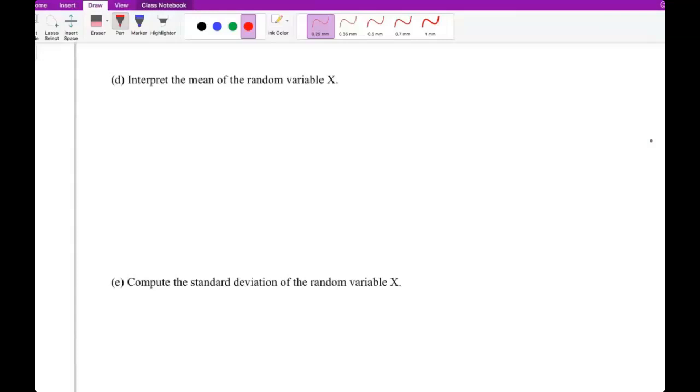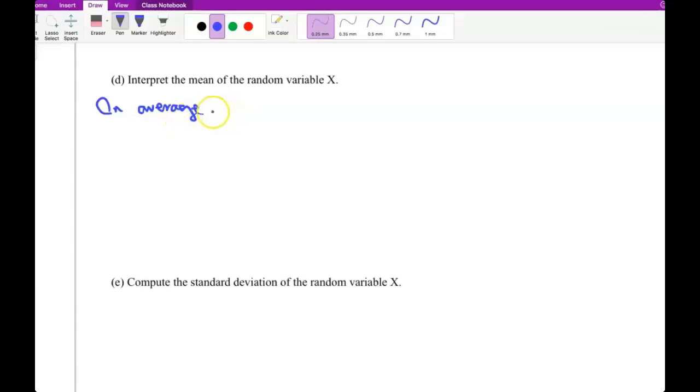Okay, now part D, interpret the mean of random variable x. So based on what we got on part C, what that means. So mean means we have on average.